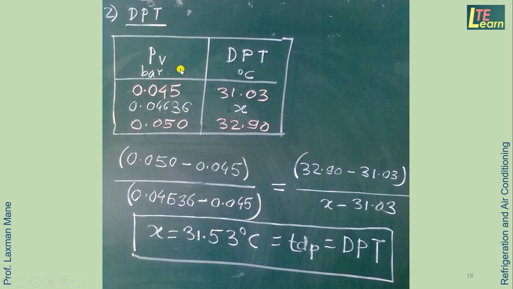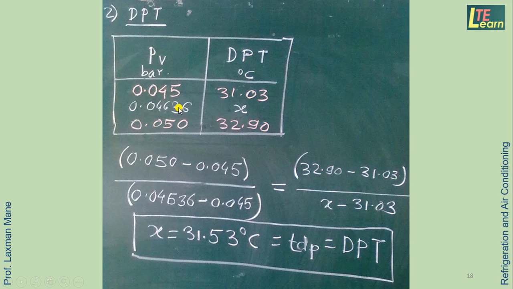Then from the steam table, now we don't know the dew point temperature. We have calculated the value of PV. That value is not directly found in the steam table. So in the steam table we find the values 0.0045 and 0.050, and the calculated PV value is in between these two values.